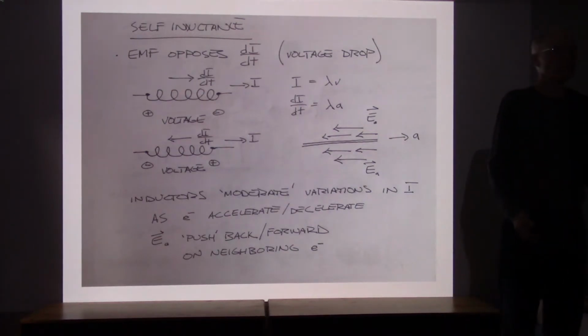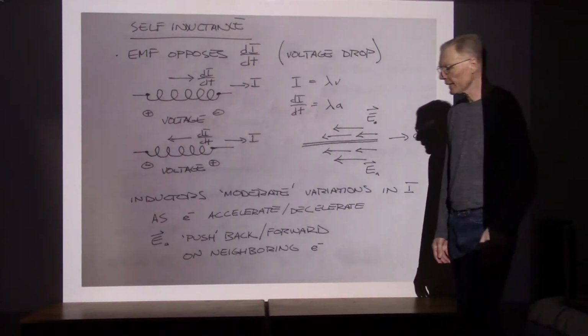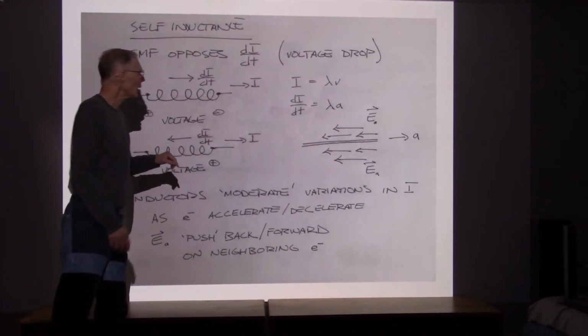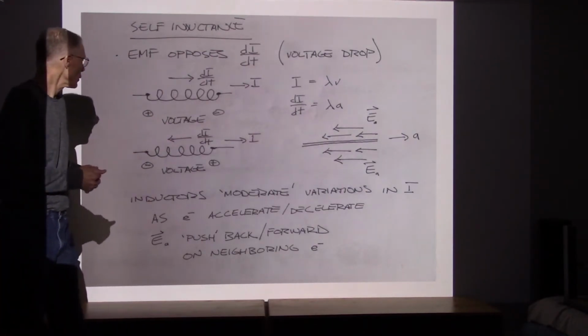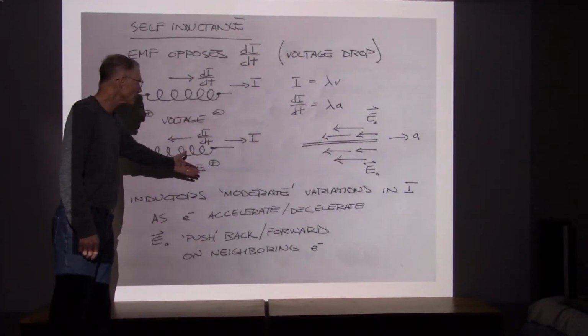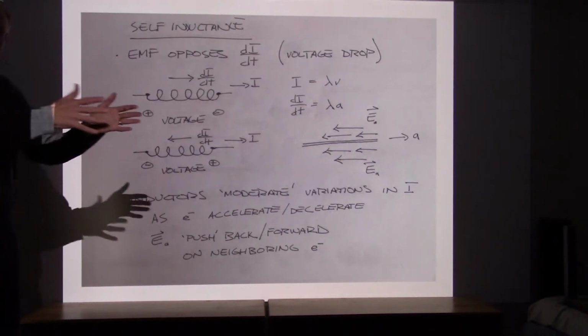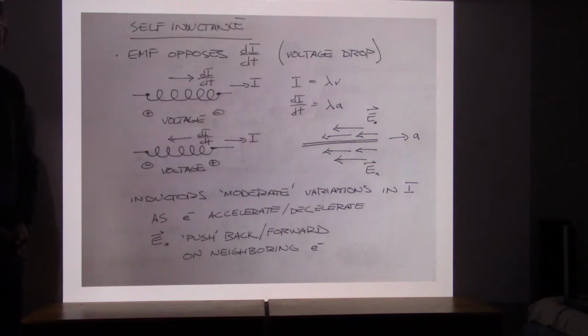Now you might think, well, how do they do that? Where do they get the energy? I can see that if we're trying to push more current through, sure, they can resist that, but what happens when the current's dropping off? Where is the energy coming from for an inductor to add more energy to the circuit? Inductors store up energy.